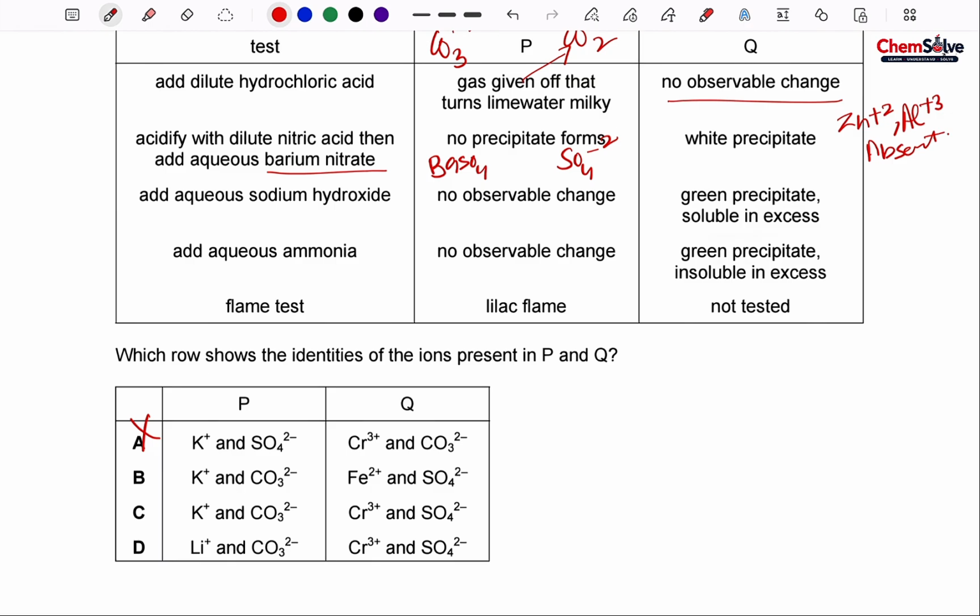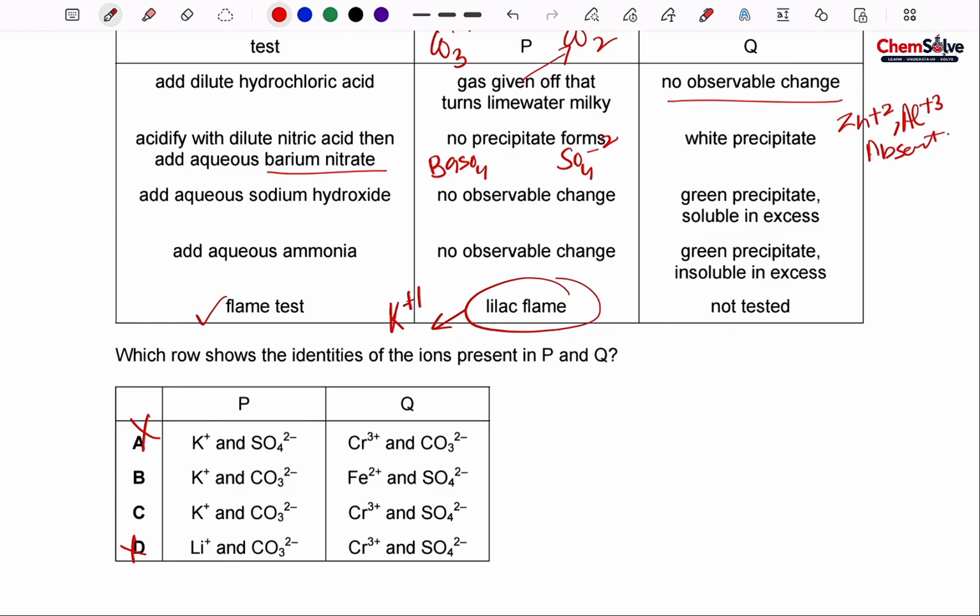Okay, and again, if the flame test is done, it gives a lilac flame. If it gives a lilac flame, it must be potassium, because potassium is the one which gives the lilac flame. So keeping this in our mind, D is again the incorrect option.